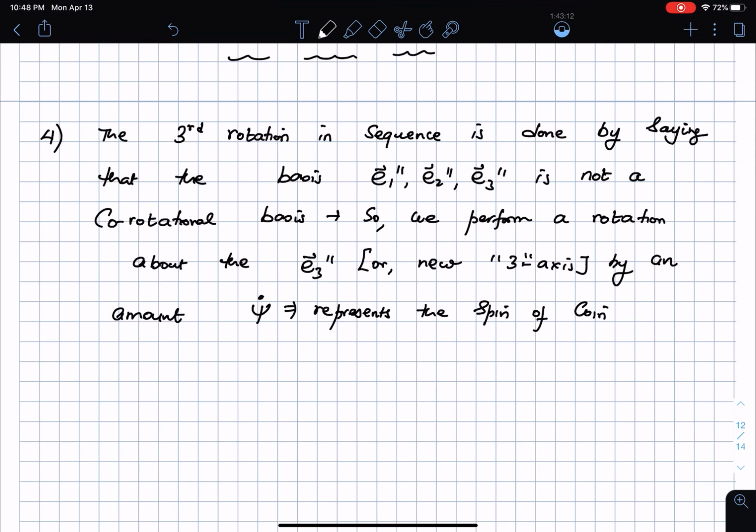Okay, this implies that essentially we're now going to have a new set of coordinates. Okay, a new basis, which I'm going to call E1, E2, E3, which is going to be drawn as shown.